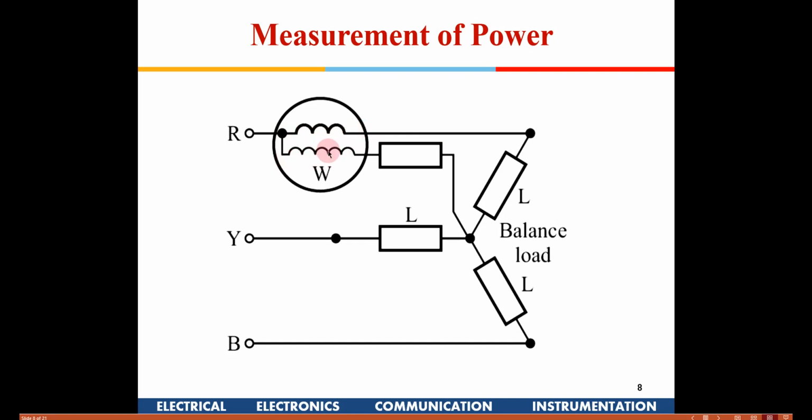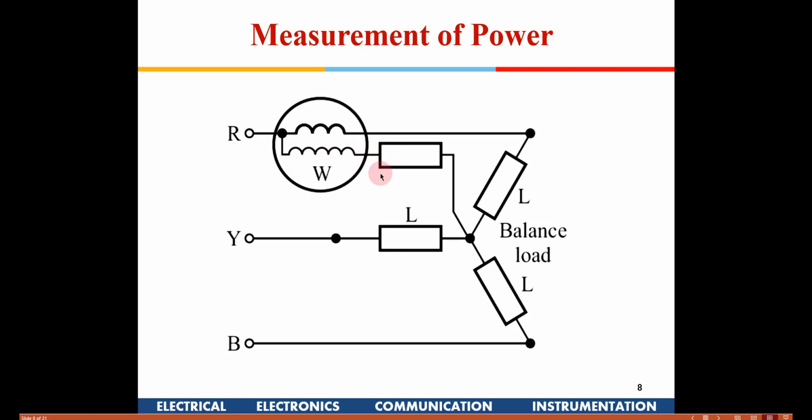There will also be a coil which senses the voltage, but this voltage sensing coil is generally connected with a large resistance in series, or it is a very high inductance coil, because the purpose is only to sense the voltage, and ideally no current should flow in it. This is the resistance connected in series here. This is not the load, this is the star load. This is the resistance connected in series with the voltage coil of the wattmeter. So this is how a wattmeter is connected.